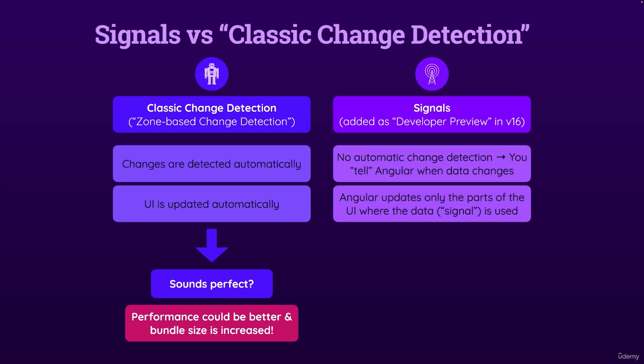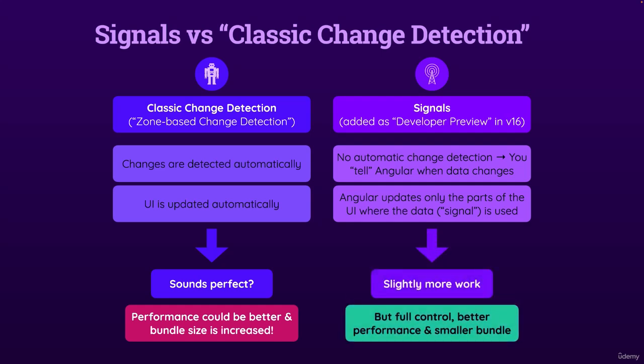And therefore, you as a developer have slightly more work to do, but as a big upside, as a big advantage, you have full control and you can very likely achieve a better performance and get a smaller application bundle. And that's why signals were added and why you could consider using them. Though I will already say that the bundle size improvement and also the performance improvement will only really be available once signals are stable and only if you then fully switch to signals in your app.